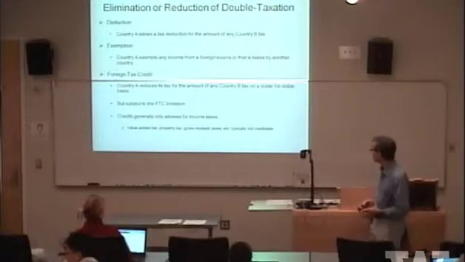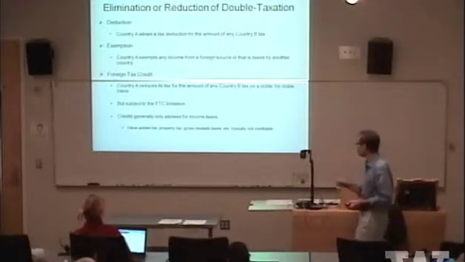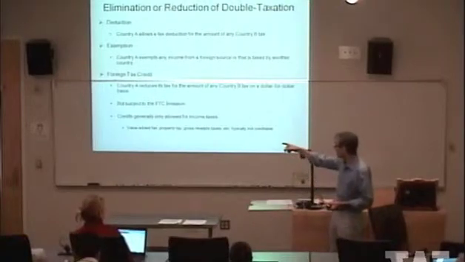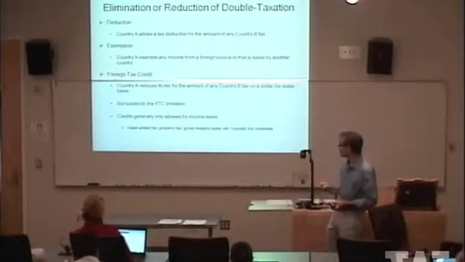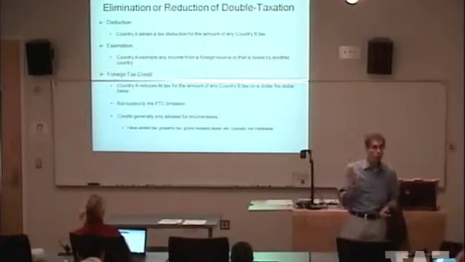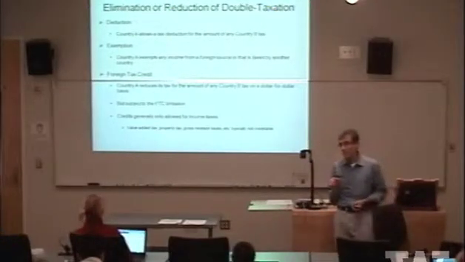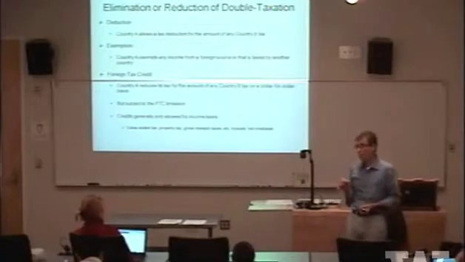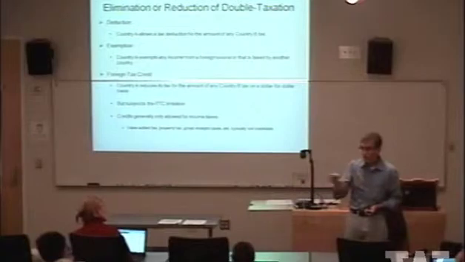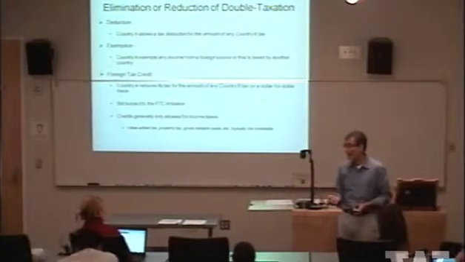Now, probably the most important thing to say that we have not said already in prior discussion is that credits are generally only allowed for income taxes. Either taxes on gross income, on a withholding basis, or a tax on net income.